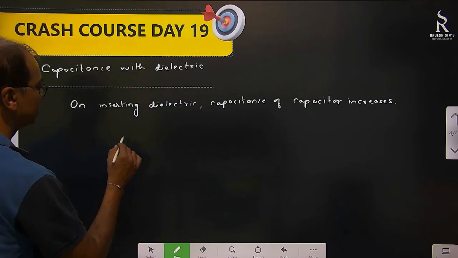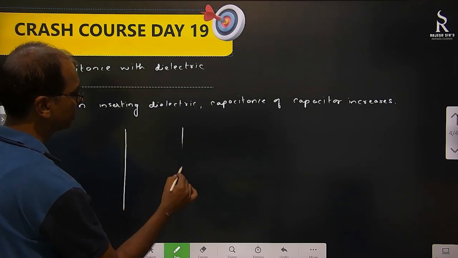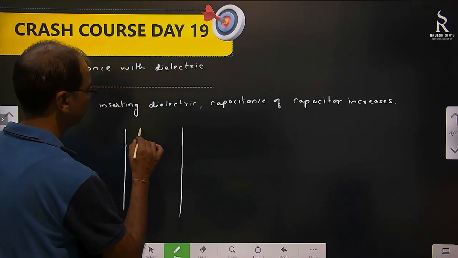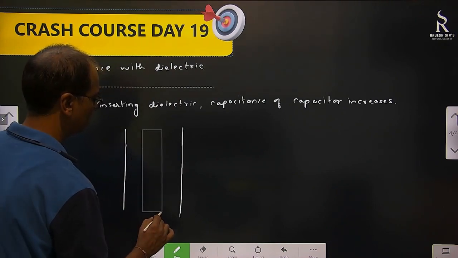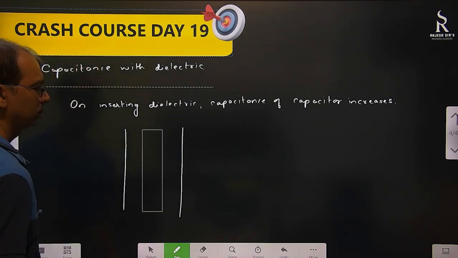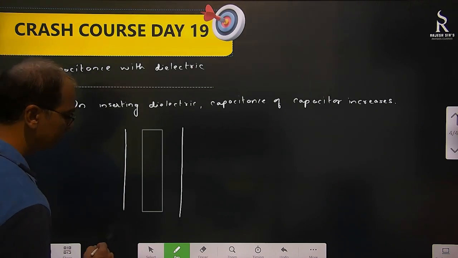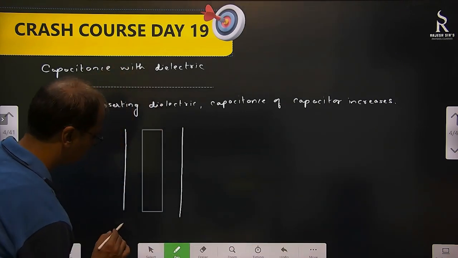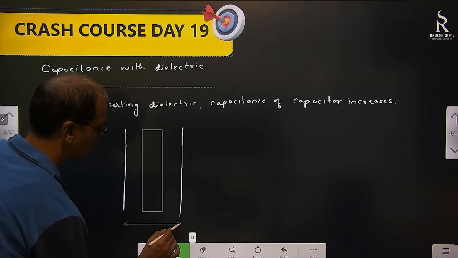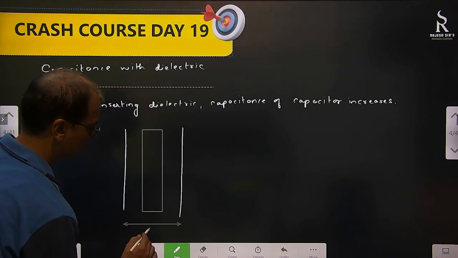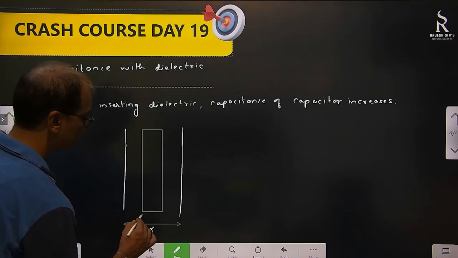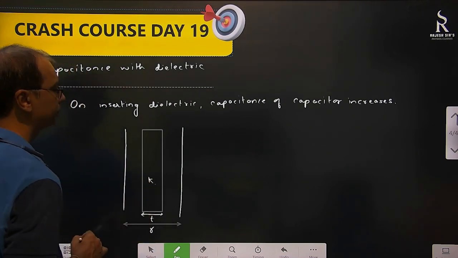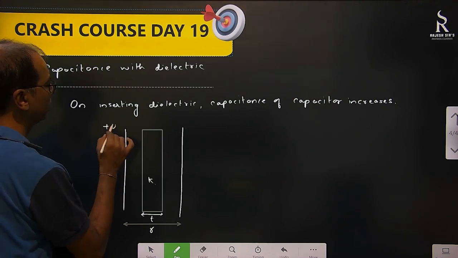But if we insert it in this way, something like this, in between, the separation between two plates is R, and this thickness is T. Here the dielectric constant is K. Here plus Q will come, here minus Q will come.